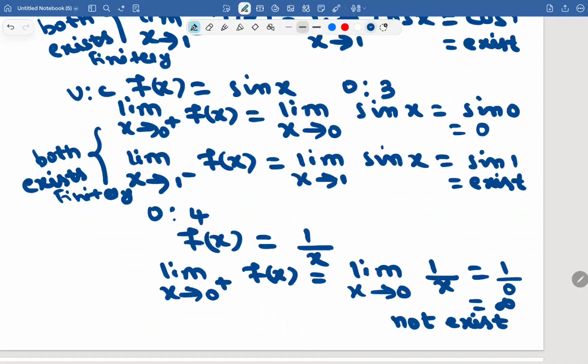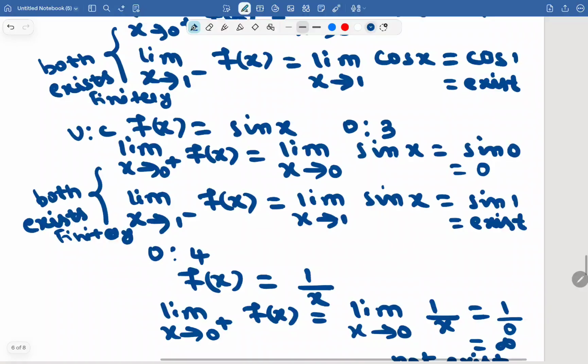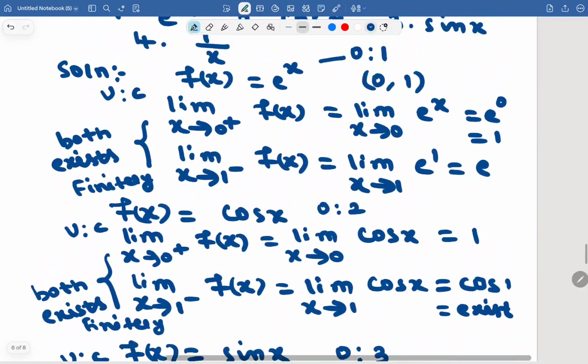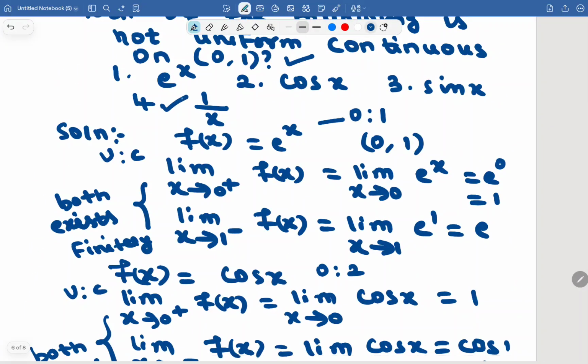Since the limit value does not exist for f(x) = 1/x, option 4 is not uniformly continuous. For this problem, the fourth option is the correct option.